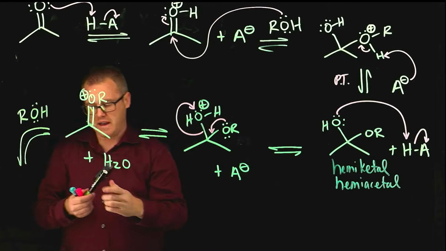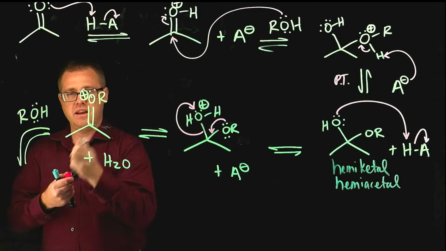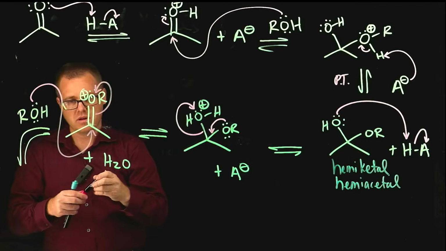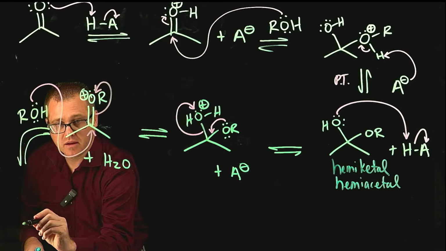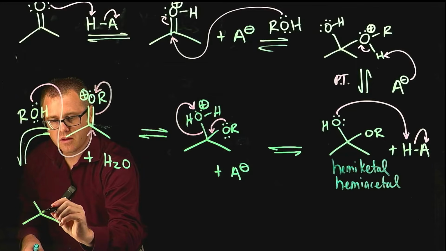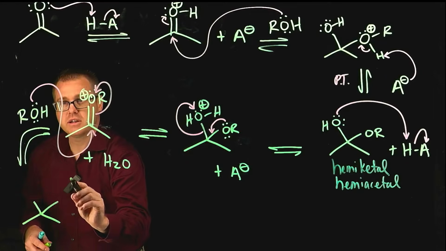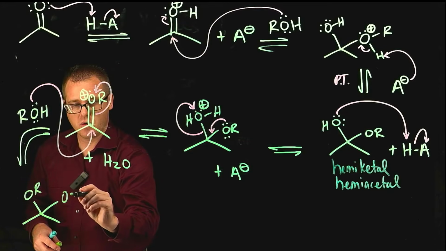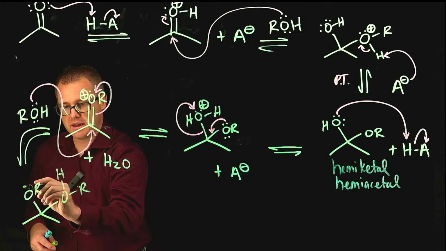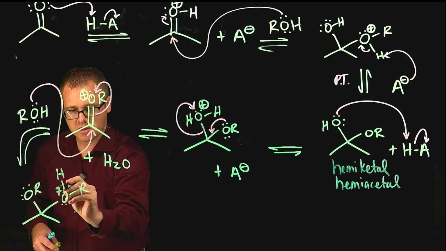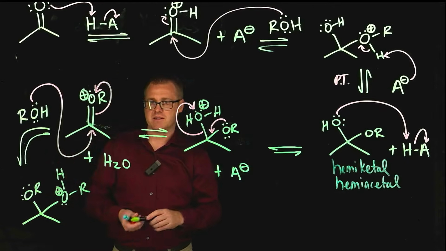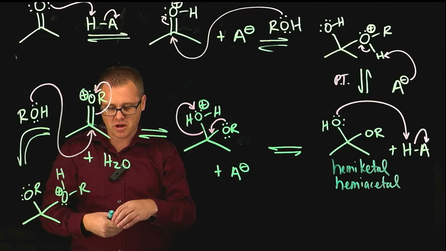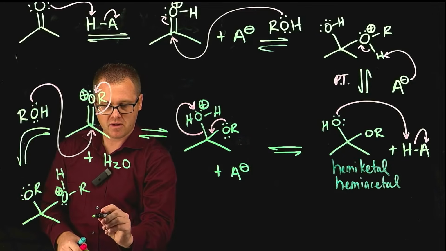So this is our second mole of alcohol. That guy's activated. So this can come in like so and give us, we'll put the OR over on this side and then the ORH on that side. It doesn't matter, I'm just doing it to help with my drawings of the mechanism here. So now this oxygen is positively charged, so now we have to do a proton transfer.